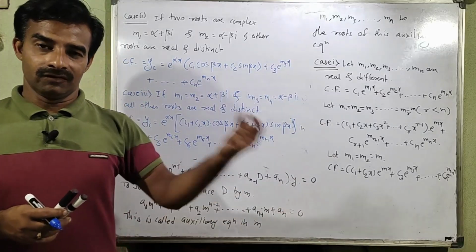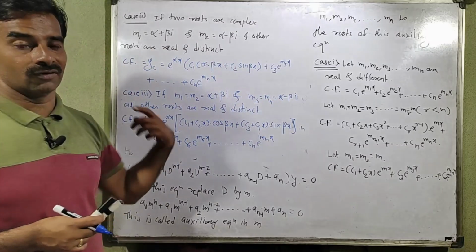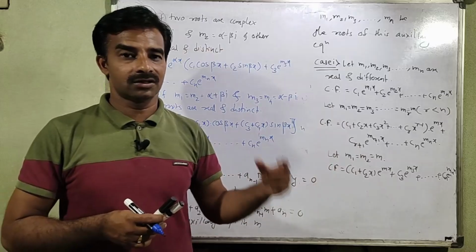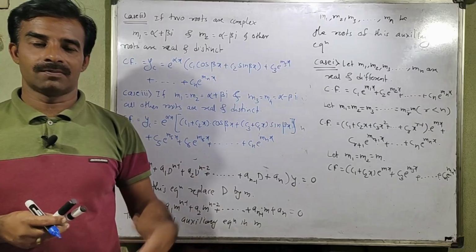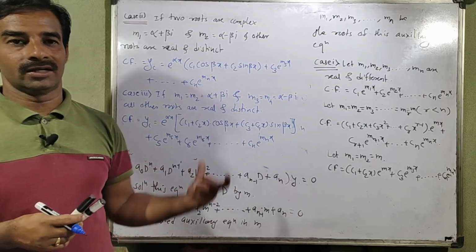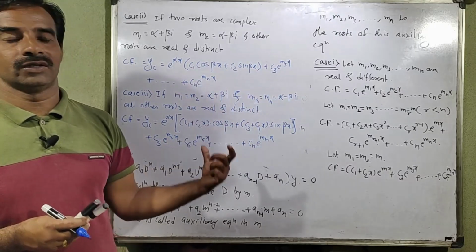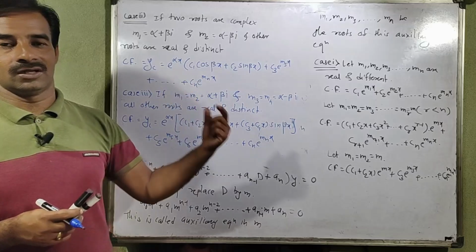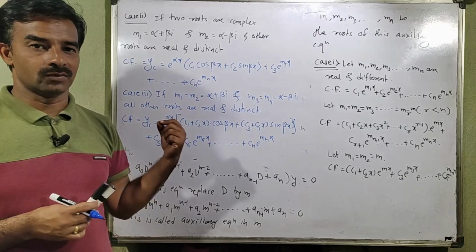We just went through case 1, case 2, case 3 for finding the complementary function, that means yc only. Then we go with the particular integral related with the general form of nth order ordinary differential equation with constant coefficients.